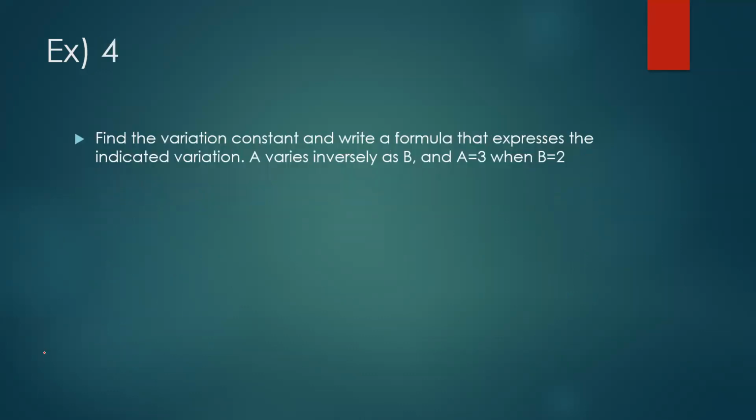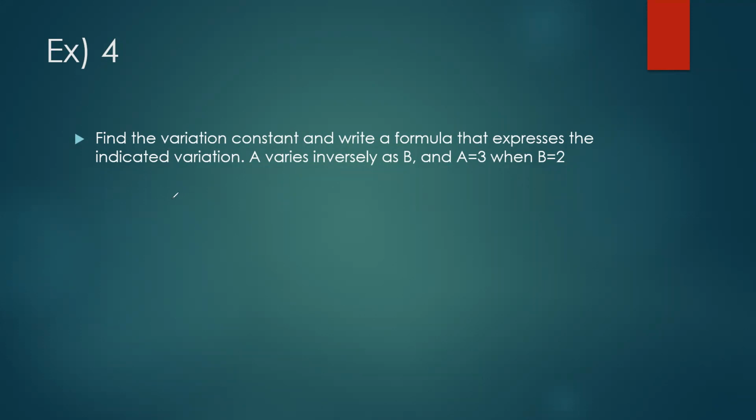Example 4 says, find the variation constant and write the formula that expresses the indicated variation. A varies inversely as B, where A equals 3 and B equals 2. So what does it say?